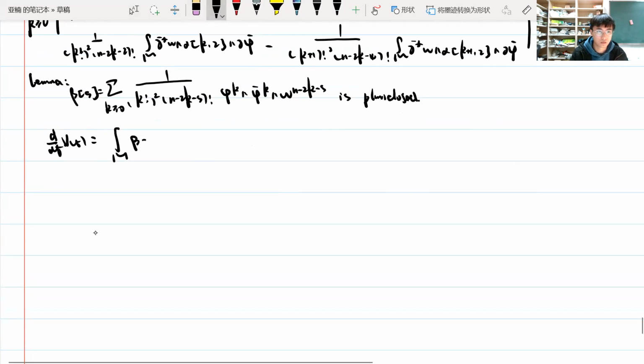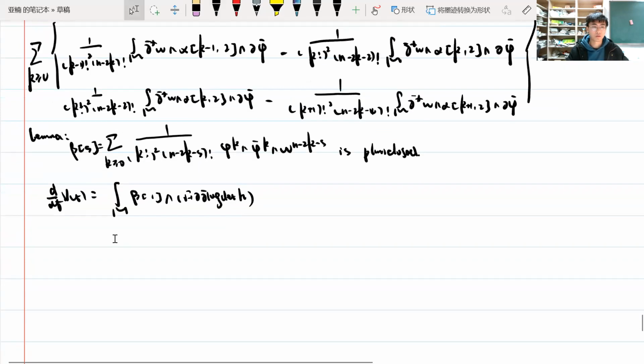It's just here: the power of the omega minus 1, and there is a chain class with respect to our background metric, and we can derive it again.